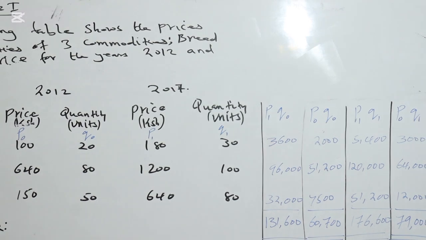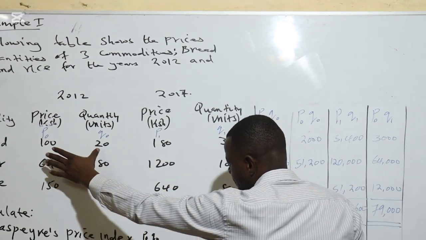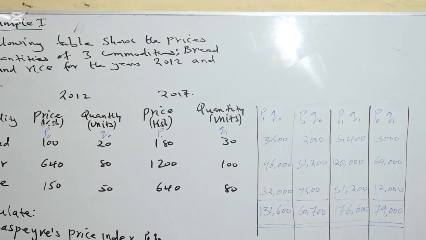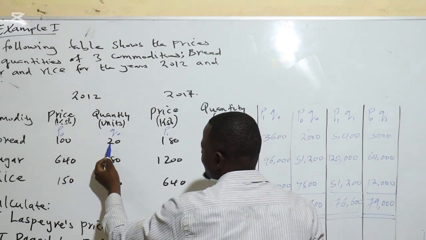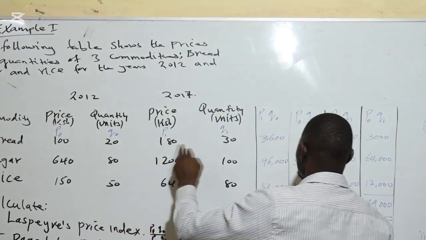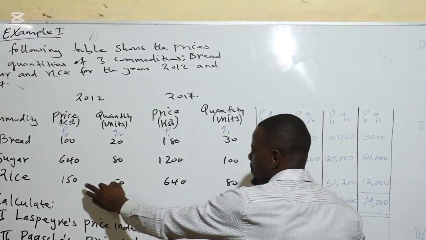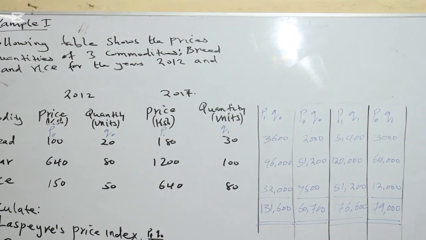And you also need summation P0 Q0. Here now, the base year price and quantity. 100 times 20, 2,000. 640 times 80, 51,200, and 150 times 50. So that sums to 60,700.